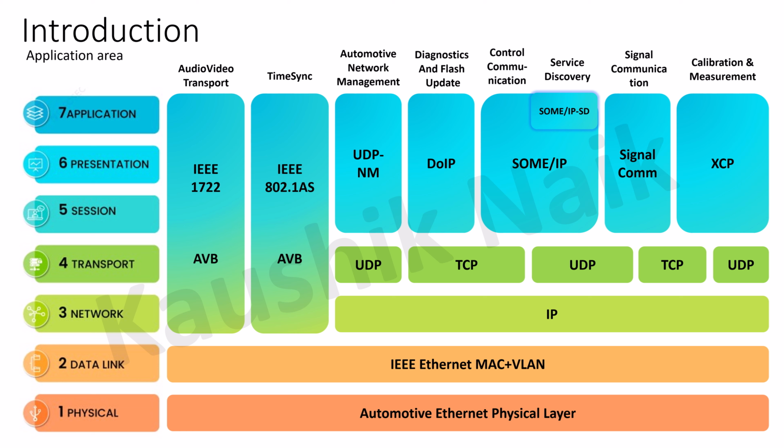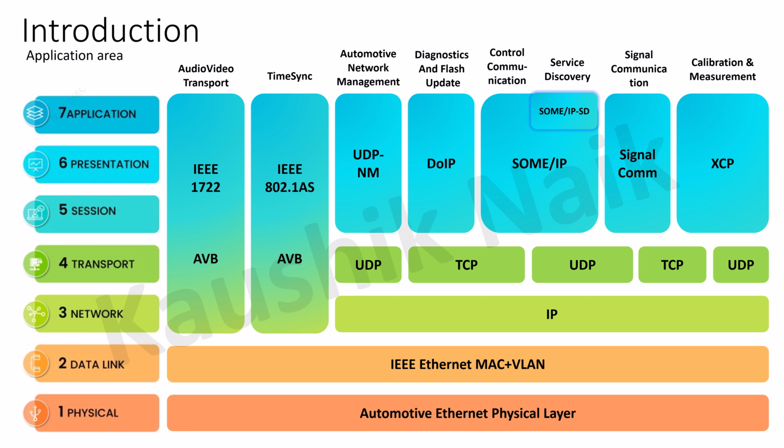For example, if I take SOME/IP, the network layer has IP configurations, the transport layer has either TCP or UDP configurations, and layers 5 to 7 will be pure SOME/IP configurations. Similarly, we have other applications like audio video transfer, time synchronization, network management, diagnostics, calibration and measurement, etc.